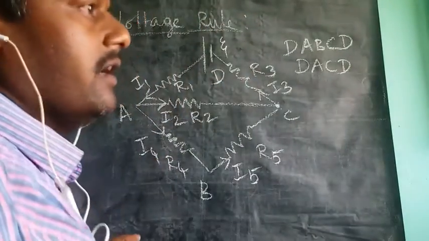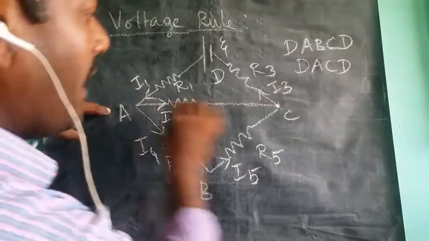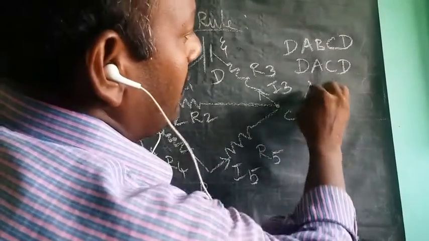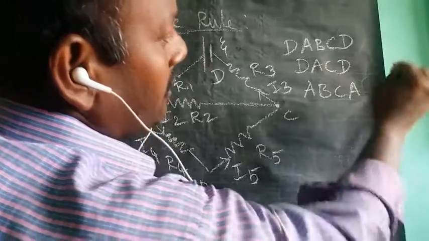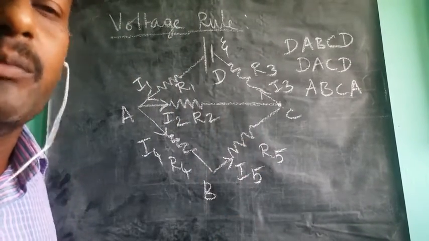When I take a closed circuit, it has to end at the same point. And here ABCA. So I can consider three different closed circuits.